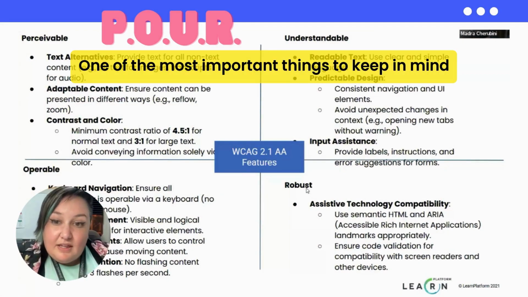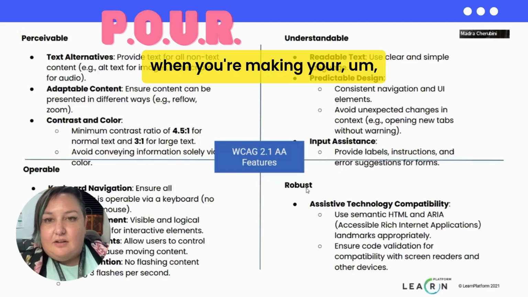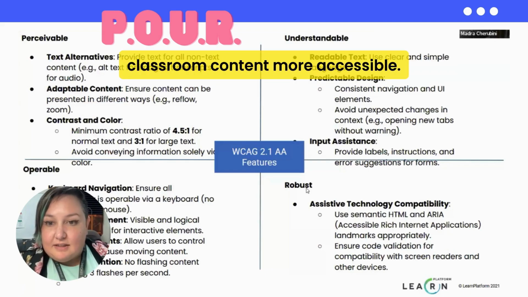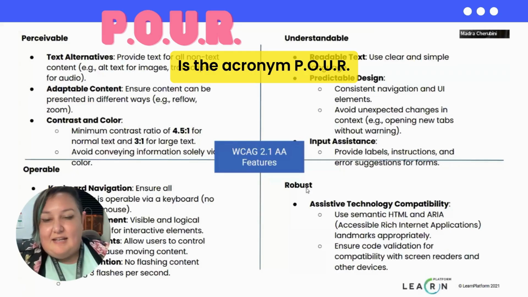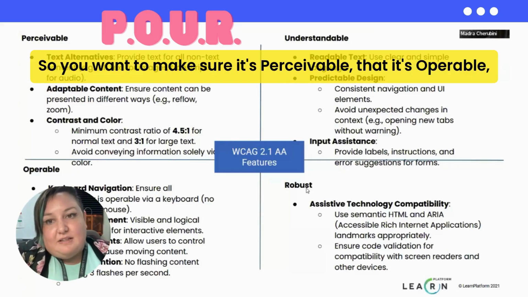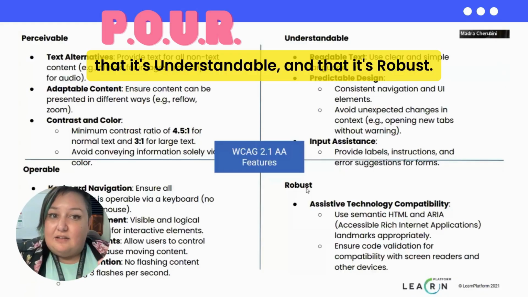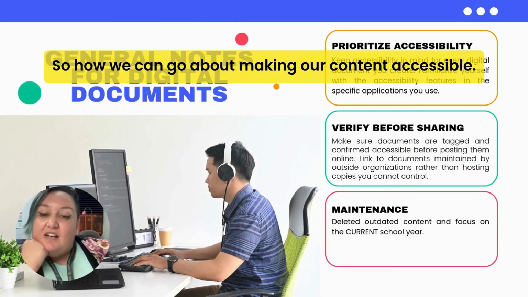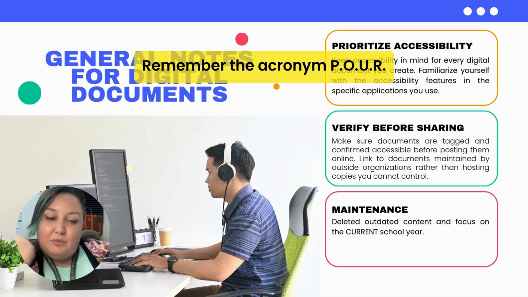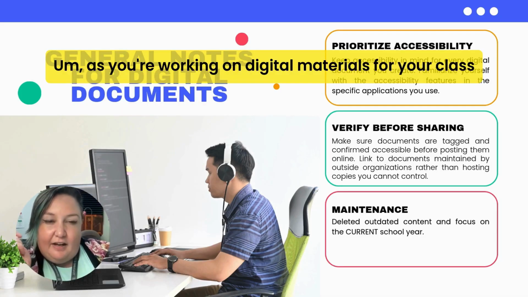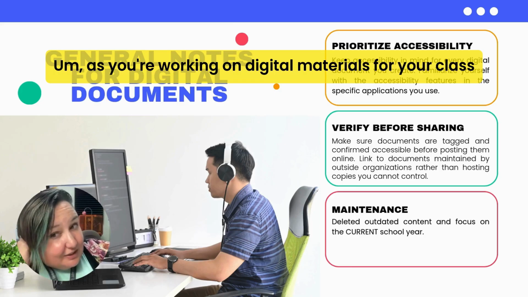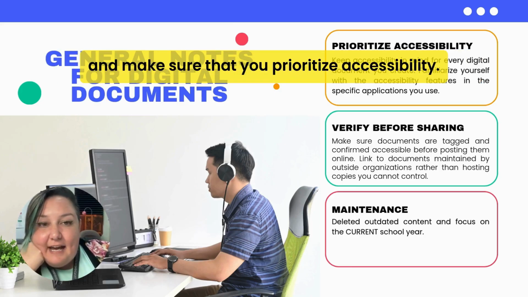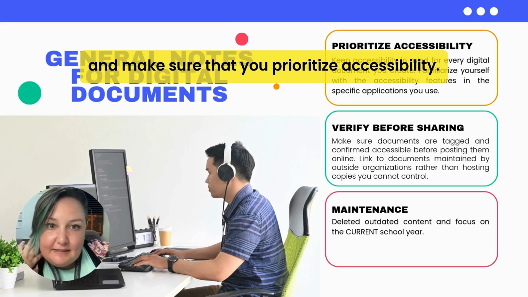One of the most important things to keep in mind when you're making your classroom content more accessible is the acronym POUR. So you want to make sure it's perceivable, that it's operable, that it's understandable, and that it's robust. As you're working on digital materials for your class, make sure that you prioritize accessibility.